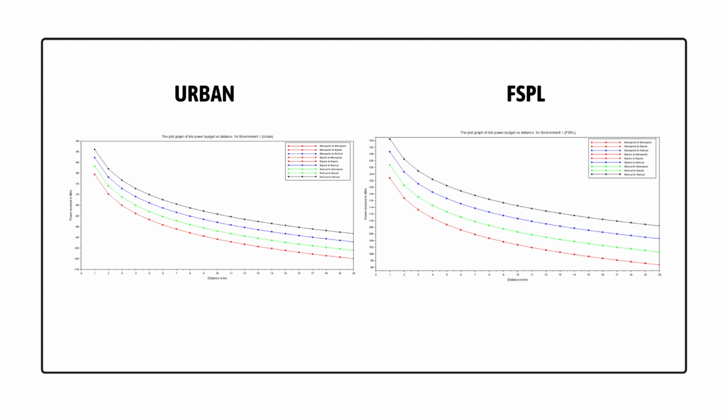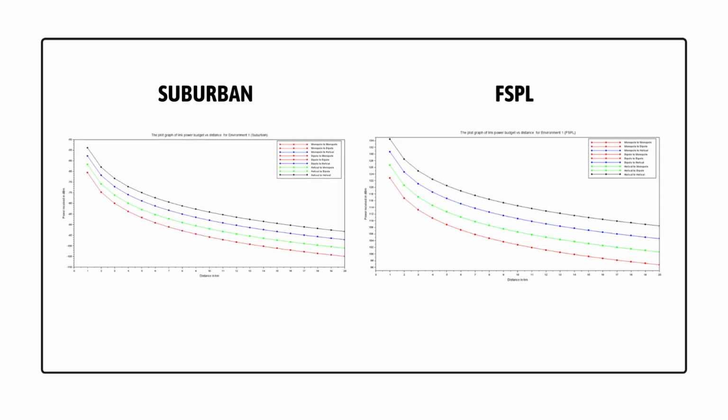The comparison demonstrates that urban areas experience higher path loss due to signal blockage and reflection caused by buildings, making network planning and design management crucial to maintain reliable communications.